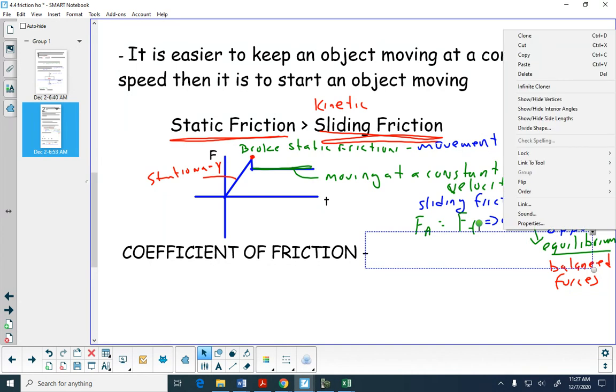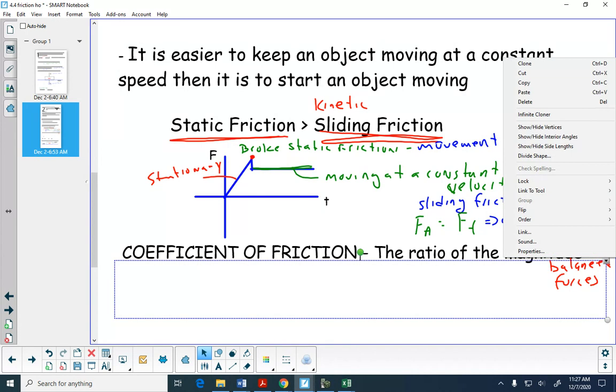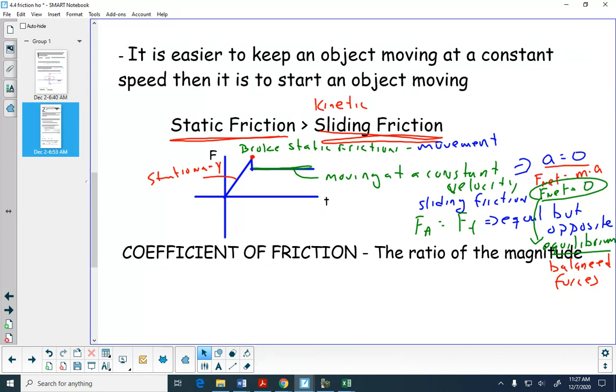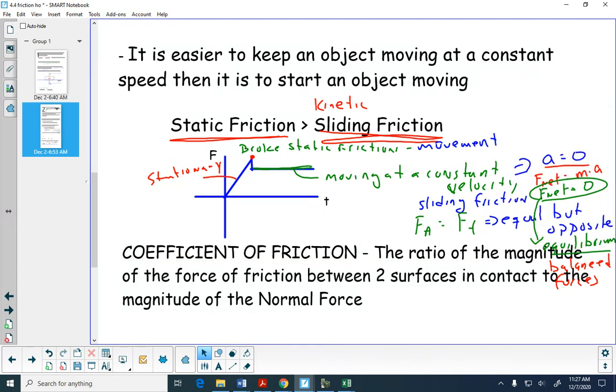The coefficient of friction. That was the link to your calc notes.